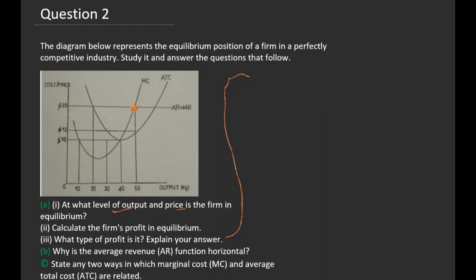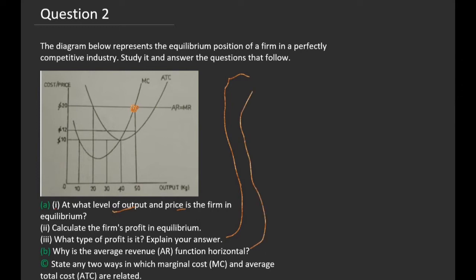Explain your answer. I'm going to say it is an abnormal, economic, or supernormal profit. This is because the profit is earned at a point where price, AR, that's the average revenue, is greater than the average cost. That's the answer for that.